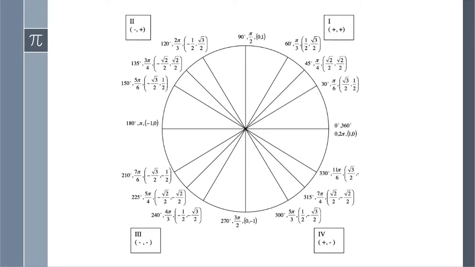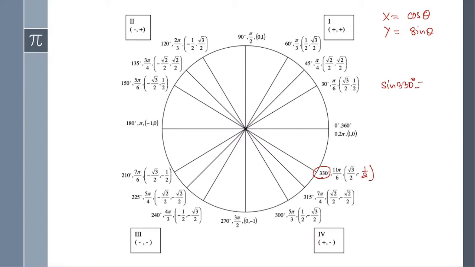So now for all the points here in the unit circle, x represents the cosine of whatever that angle is, and y represents the sine of that angle. Now if I want to find the sine of 330 degrees, I have to go to 330 degrees and look at my y coordinate. It's not showing up here, but this is 1/2.